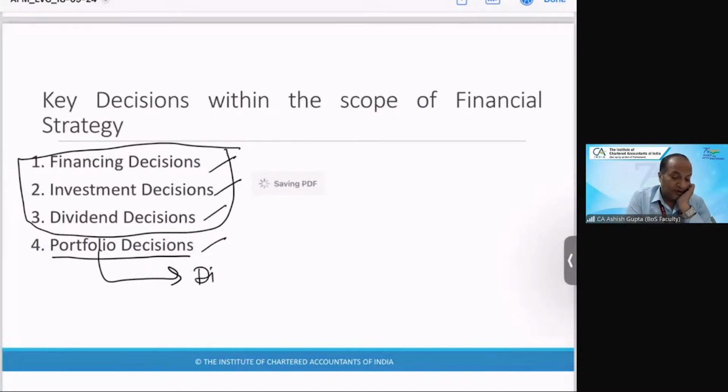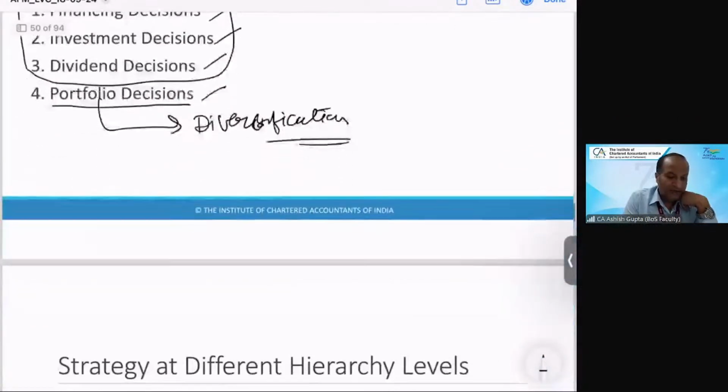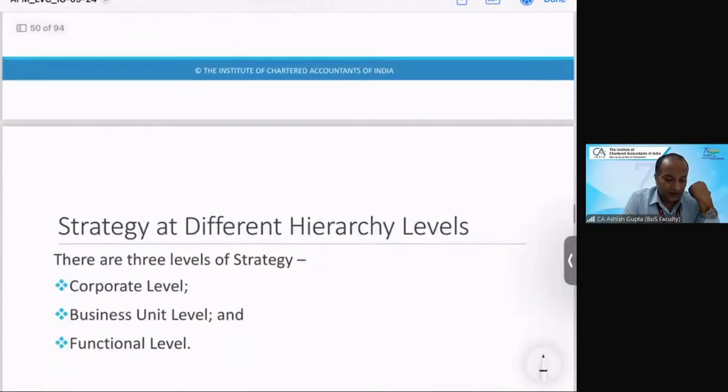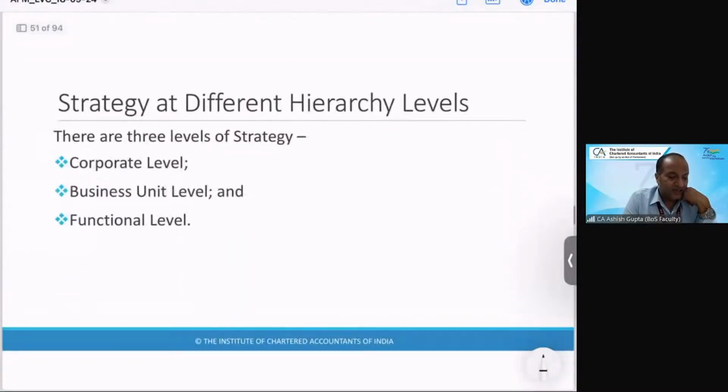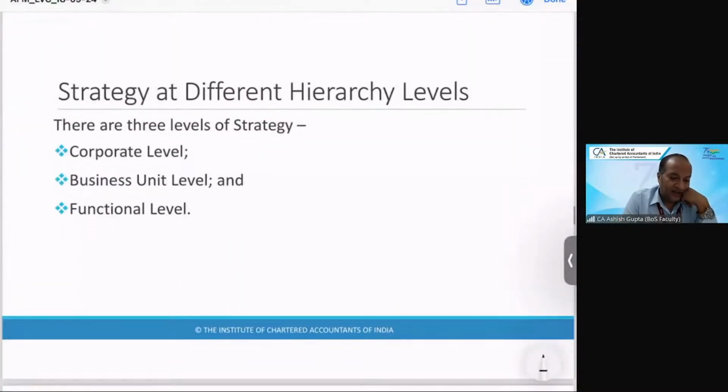Sometimes what happens is that a company may diversify into another business. Here the importance of diversification comes into the picture, so that's why it is covered here. Next comes strategy at different hierarchy levels. There are 3 levels basically, which you must have gone through in your strategic management paper at intermediate level: corporate level, business unit level, and functional level.